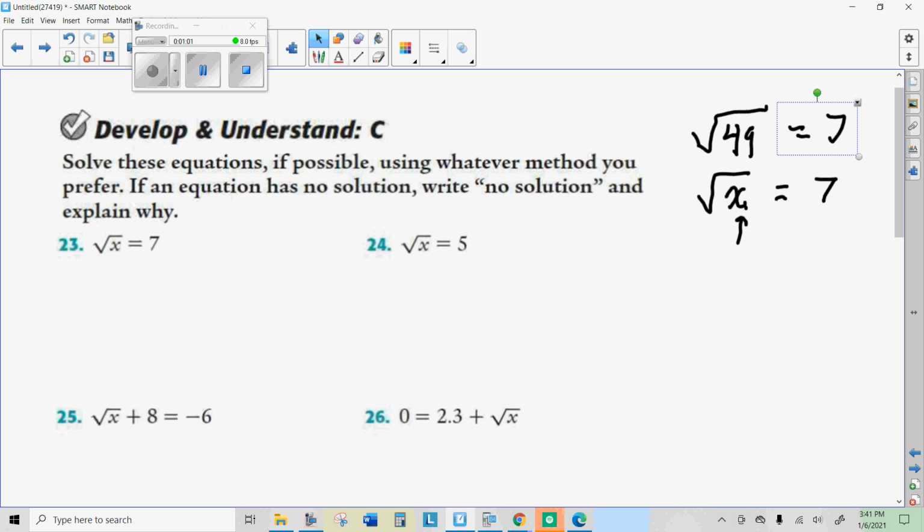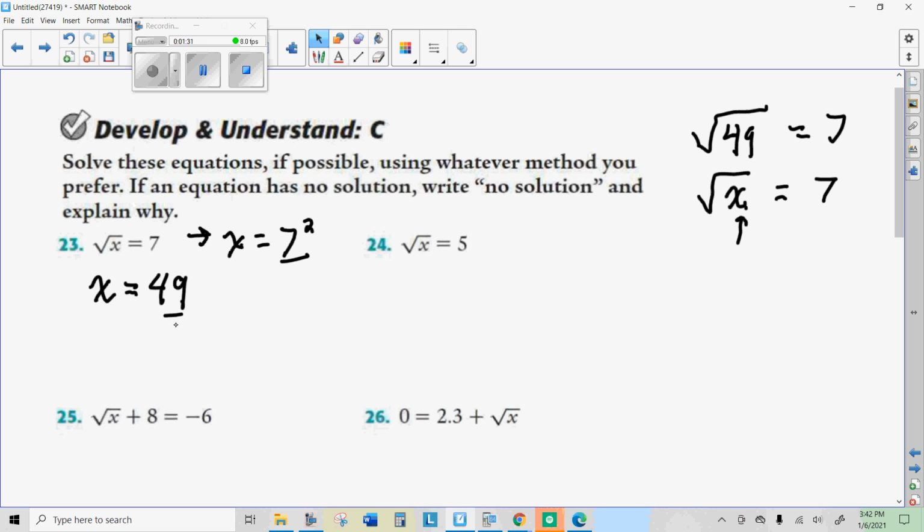So in this first problem, the answer is x equals 49. Now, if you want to think about the inverse operation to get that, all you have to do is say, all right, then that means the number inside there, the x, is equal to whatever the answer is squared, because the squared is the inverse of the square root, and 7 squared is equal to 49.